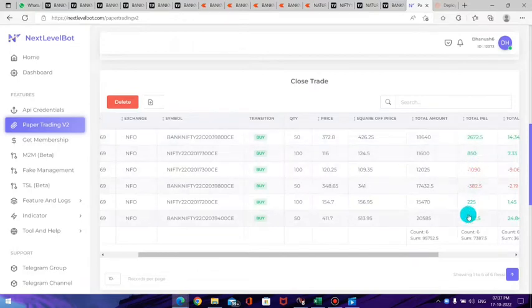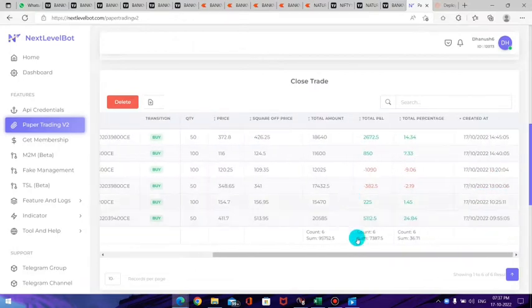This is the performance of Bank Nifty. For Bank Nifty and Nifty combined, we got a profit of 7387 today. You can calculate separately according to your need.